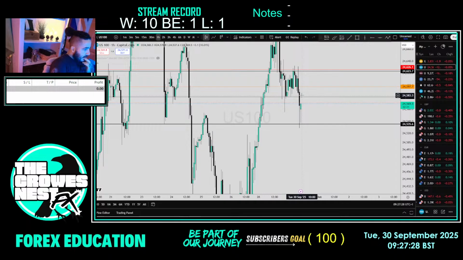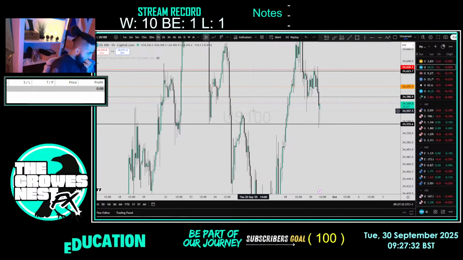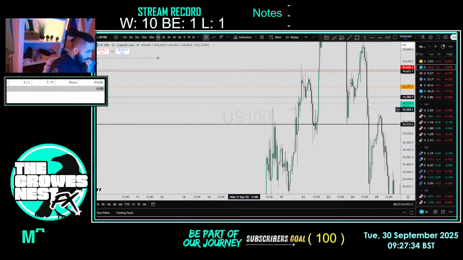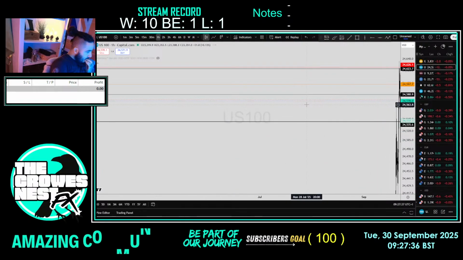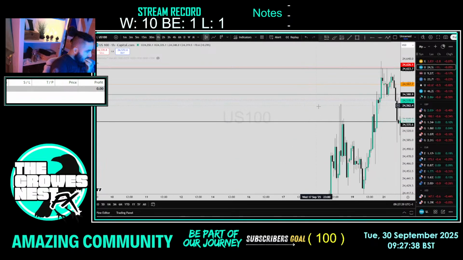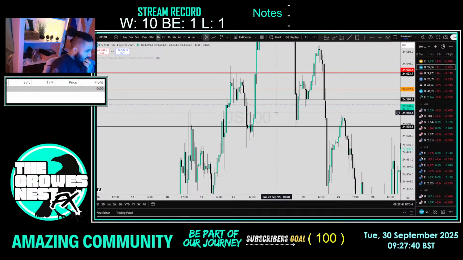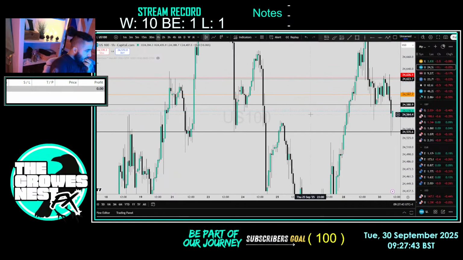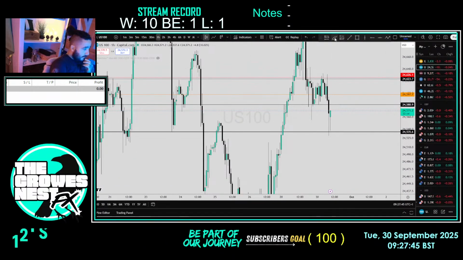If it closes back into the area and we don't tap this level, could we hit the buy button? It's only happened once though.